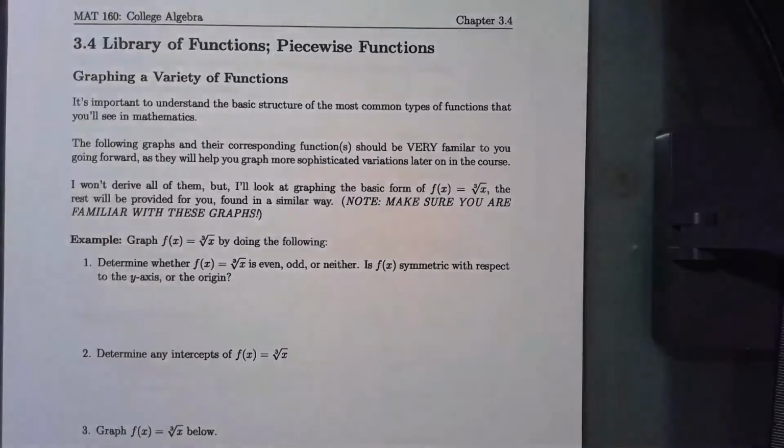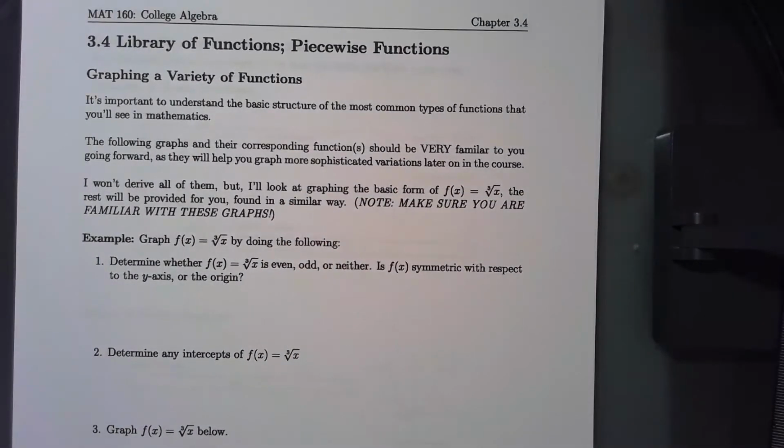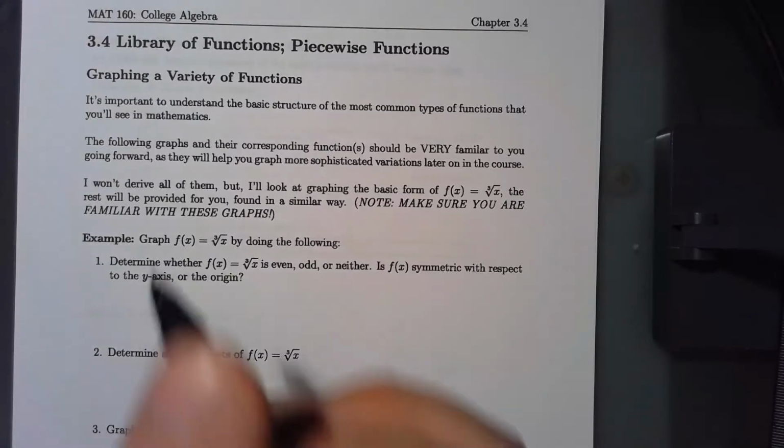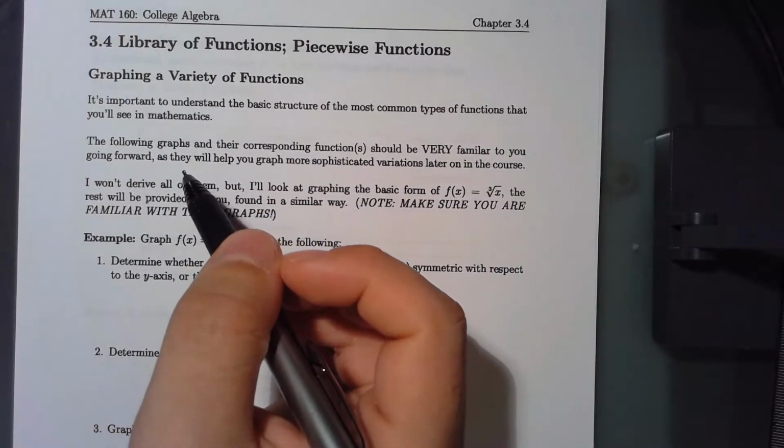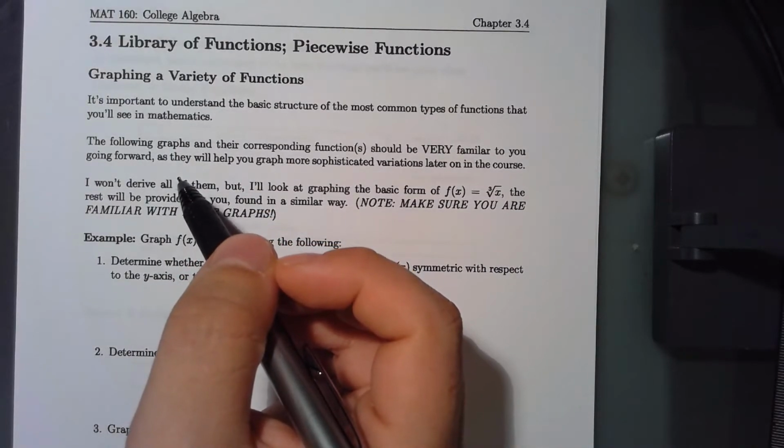And we're also going to look at piecewise functions, which is a specific kind of function, but we'll get to that when we see it. So it's very important that you see the basic structures of most types of functions that you'll see in mathematics.